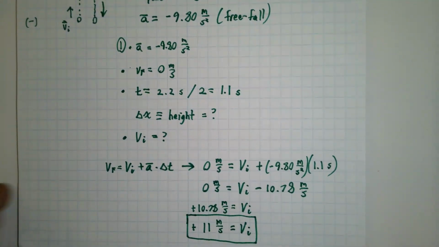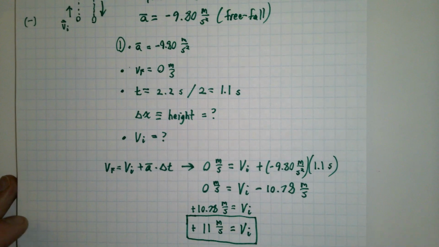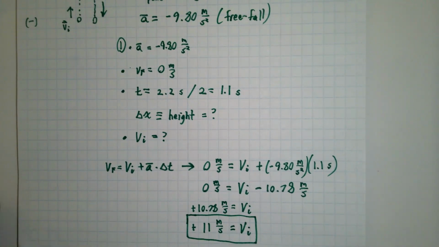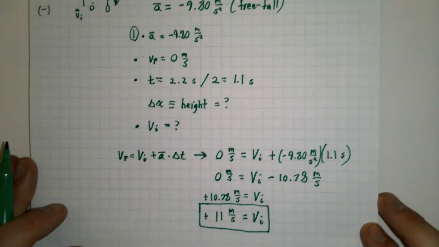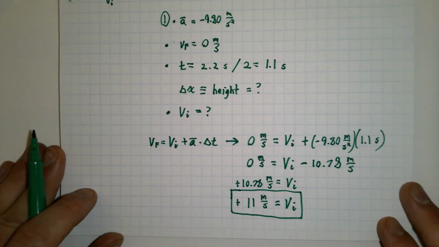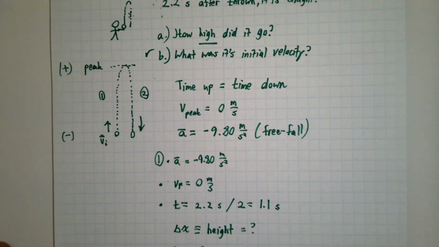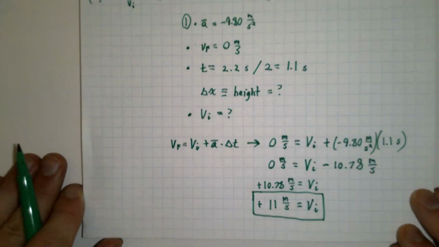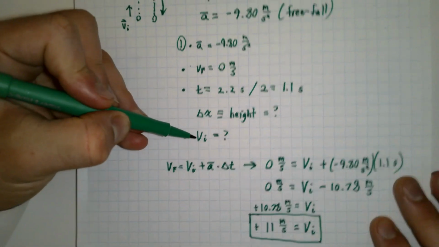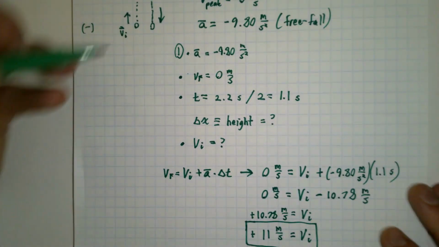Alright, so I know my initial velocity. That was the velocity at which I threw the beanbag, or you threw the beanbag, into the air. Now we know initial velocity. Let's see if we can use that to find the height. Now that we have initial velocity, we have time, we have final velocity, acceleration, right?